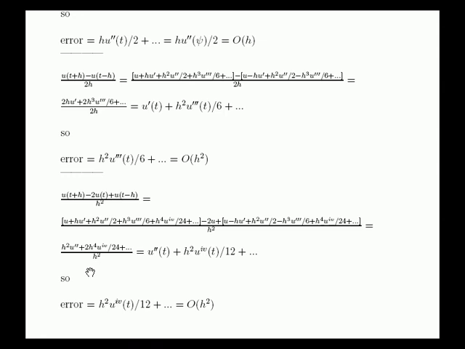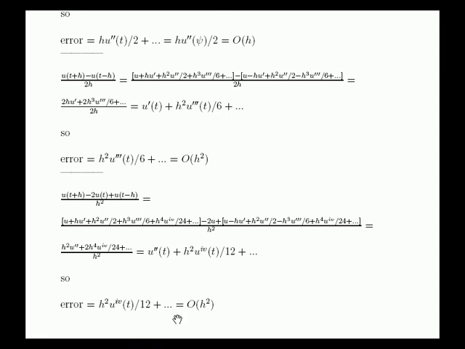And now I divide through by h squared, and I get u double prime at t plus h squared u fourth derivative over 12. So that is the error in this approximation to the second derivative, because it's equal to the second derivative at t plus, that must be the error. So it's order h squared.